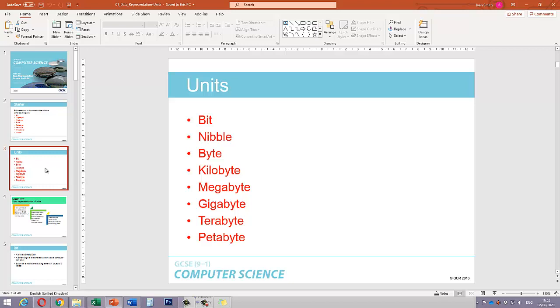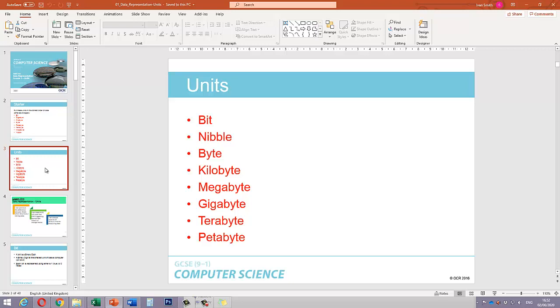In this lesson we're going to be covering units, which is part of our data representation unit. You need an initial understanding of all the different unit measurements, and these range from the smallest, which is a bit, and a bit is just either a 1 or a 0.